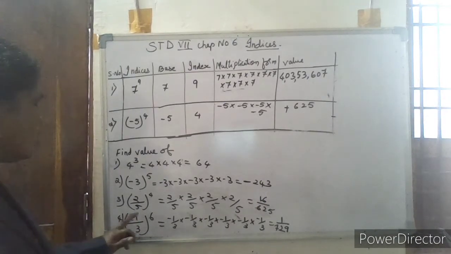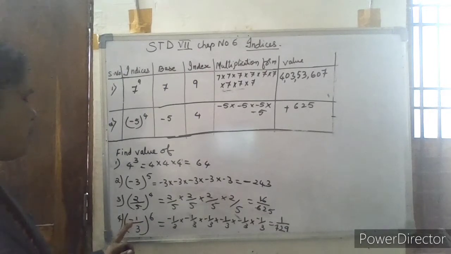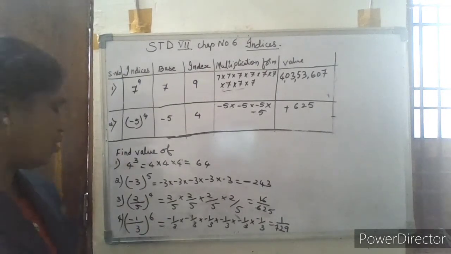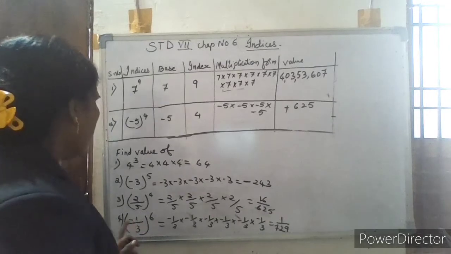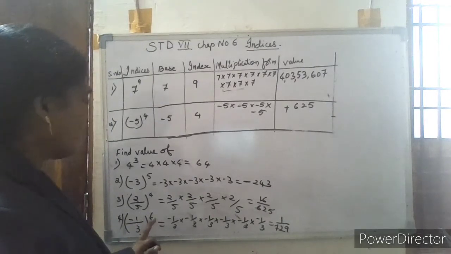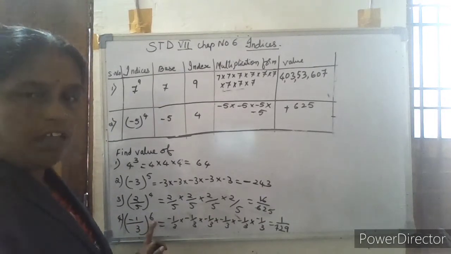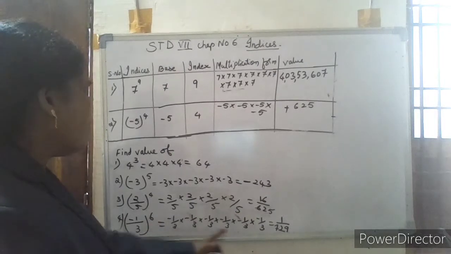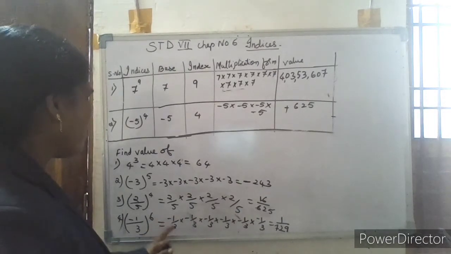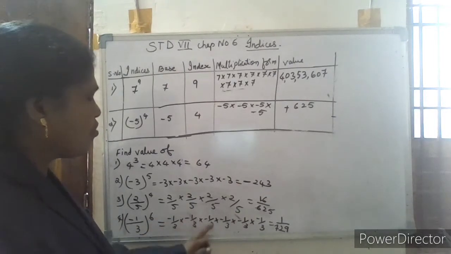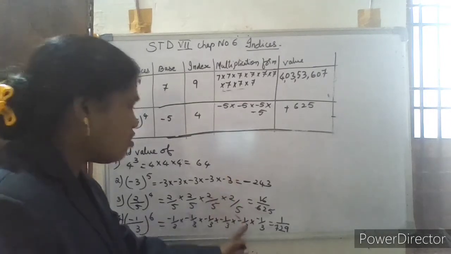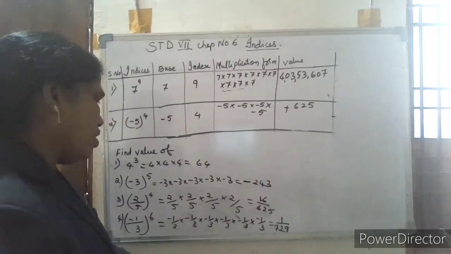In the same manner, the fourth example I have taken here is minus 1 by 3. The base is a rational number, but it is a negative rational number. It is raised to 6, or the exponent is 6. So here the multiplication form will be minus 1 by 3 into minus 1 by 3 into minus 1 by 3 into minus 1 by 3 into minus 1 by 3 into minus 1 by 3.